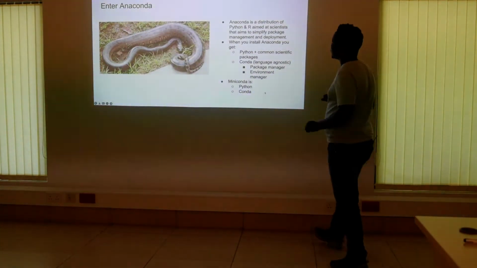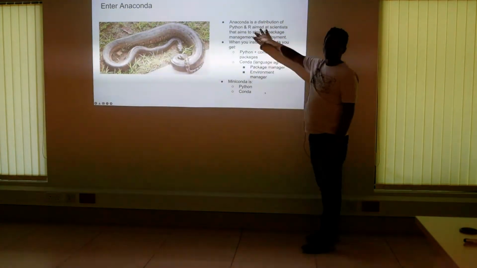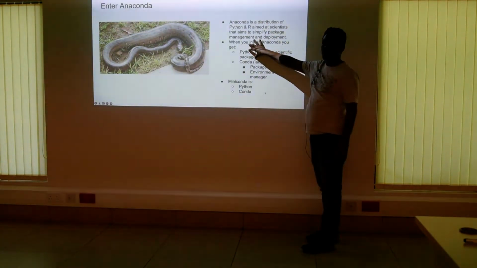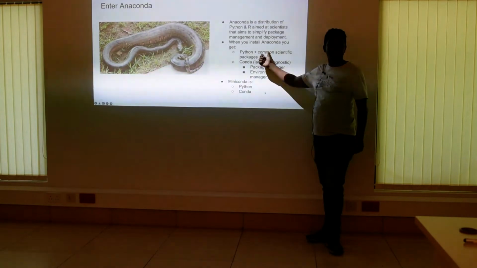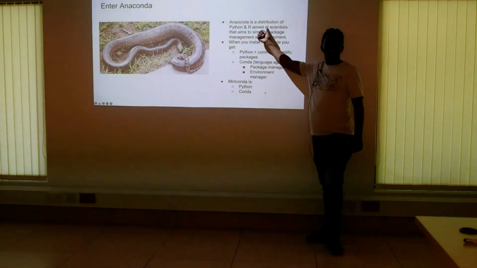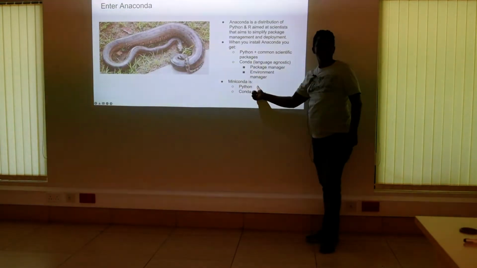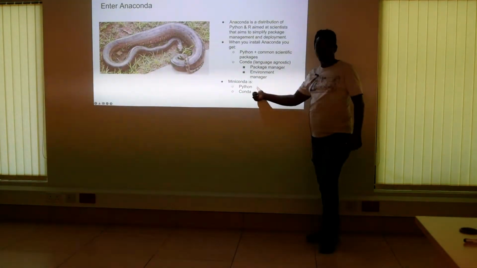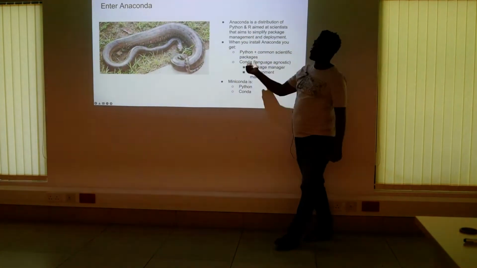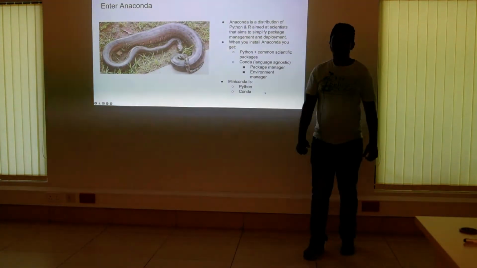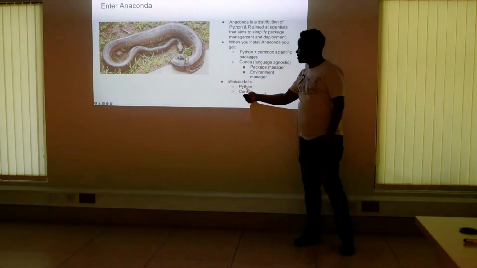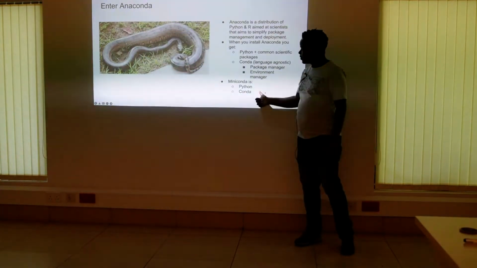Then it turns out that doing this and having this installation, if we just go to the internet, it's quite a large installation. Often you don't need all that tooling, so you create a minimal version and you call it Miniconda. So Miniconda is a minimal version of Anaconda, and it's just going to contain Python and Conda.